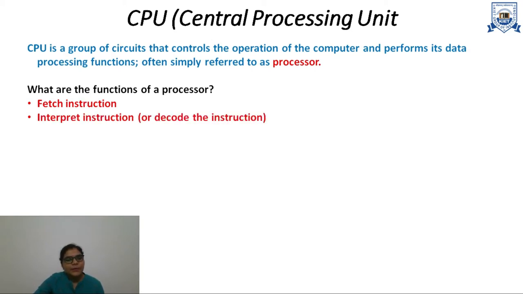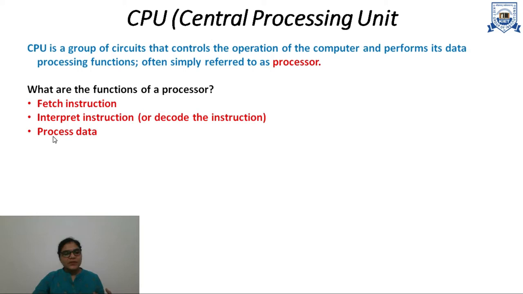Next, interpret or decode the instruction. It will find the meaning of the instruction to determine what action is described by the instruction to perform. And then it processes the data.